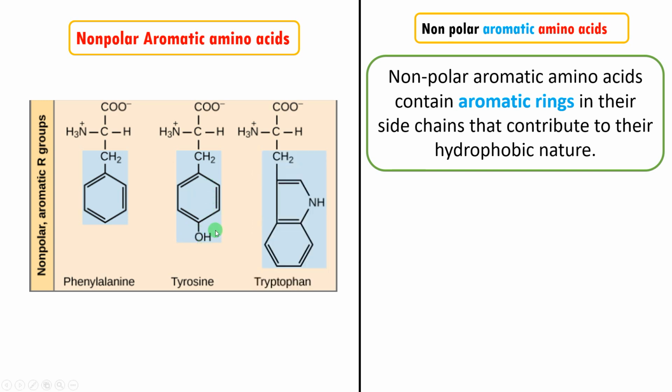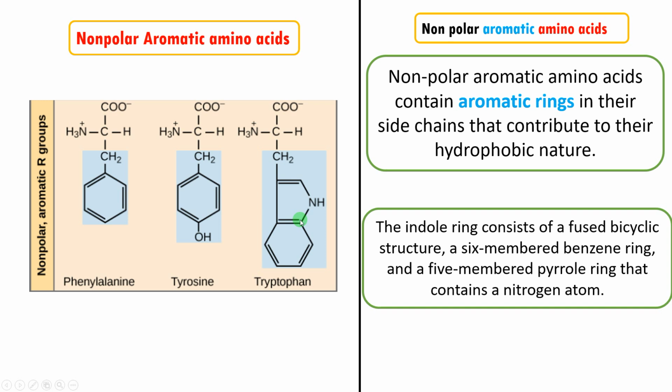The next one is tryptophan. Tryptophan contains this indole ring. It's non-polar. Indole ring consists of two rings, a fused bicyclic structure. This is the first ring, a 6-membered benzene ring, and this is a 5-membered pyrrole ring that contains a nitrogen atom.